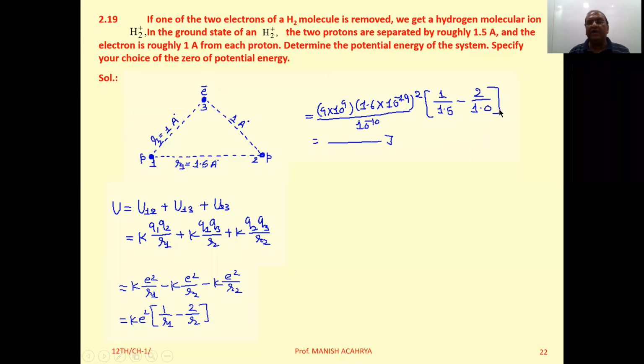That 1 upon 10 raised to minus 10 meter is taken common, so it is written here. Now if you solve this, you will get the potential energy of this given system. Clear to all of you?